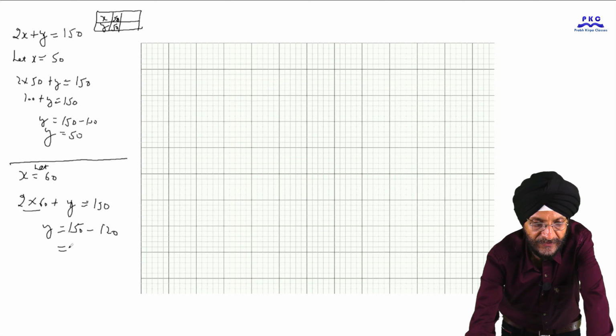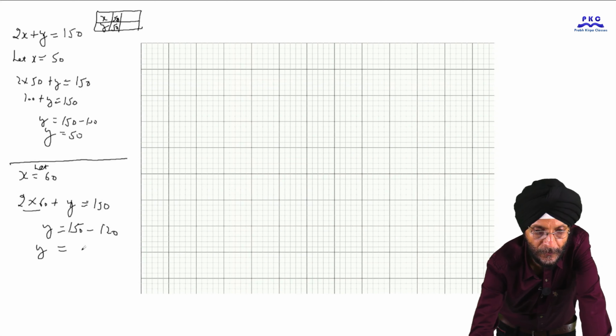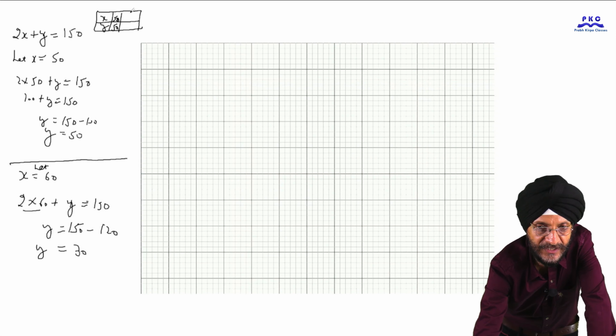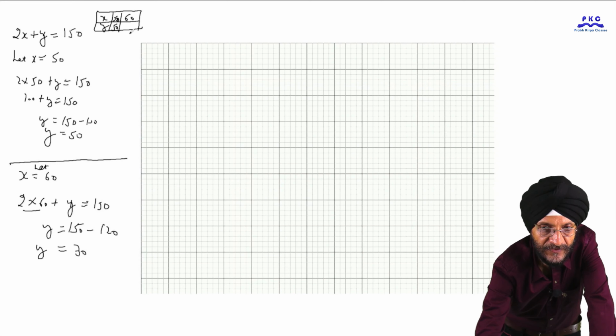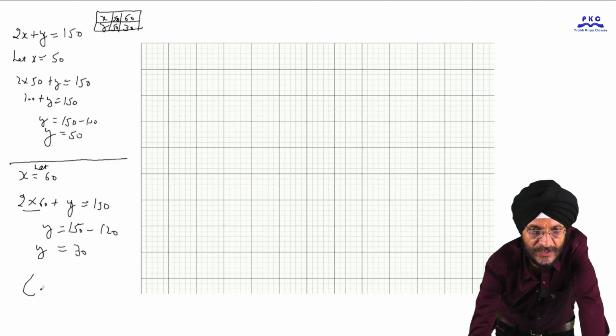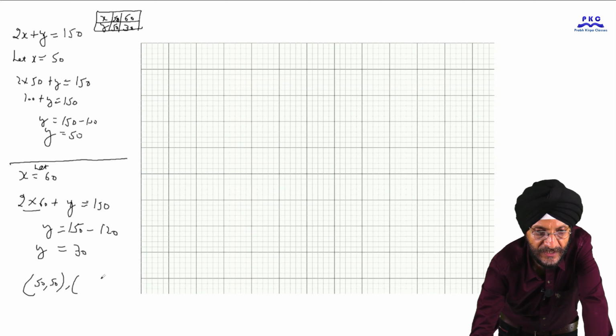So now what will happen? y is equal to 30. So what is the situation? x is 60, y is 30. So what are the solutions? 50, 50, and the other is 60, 30.